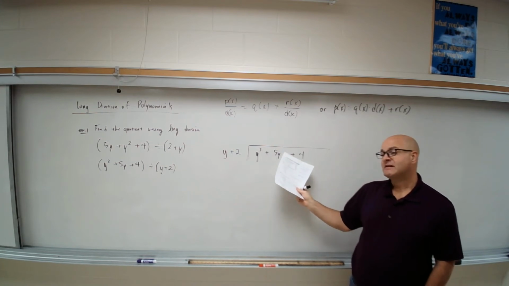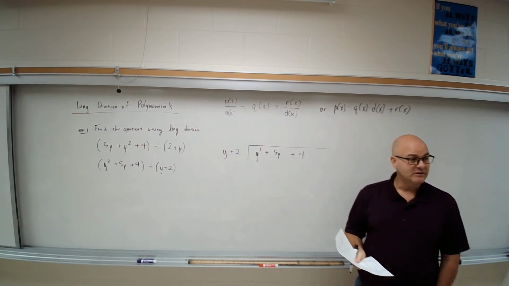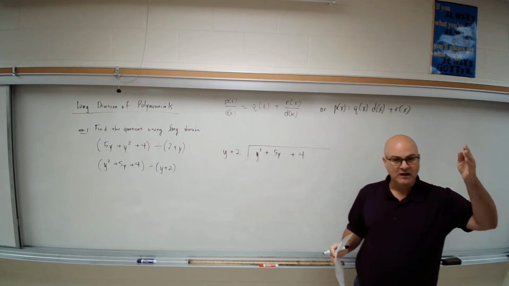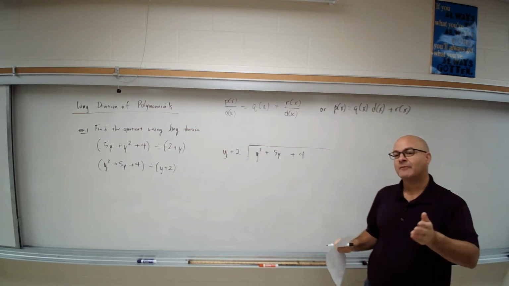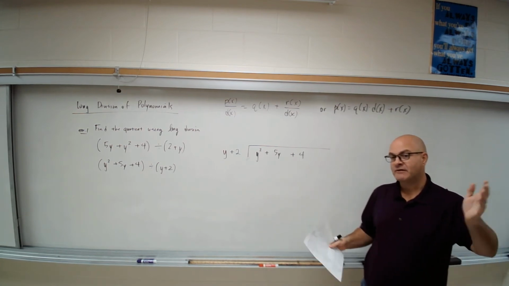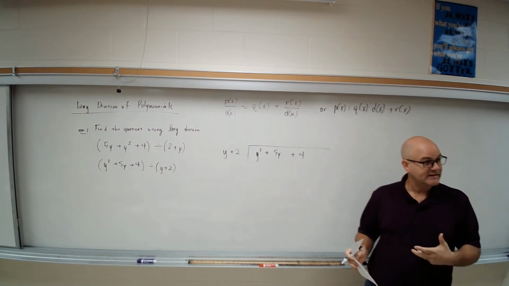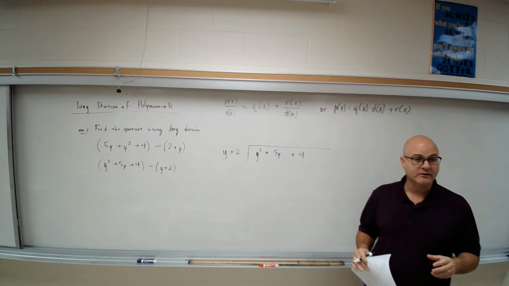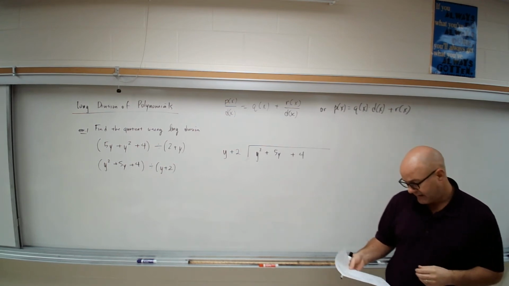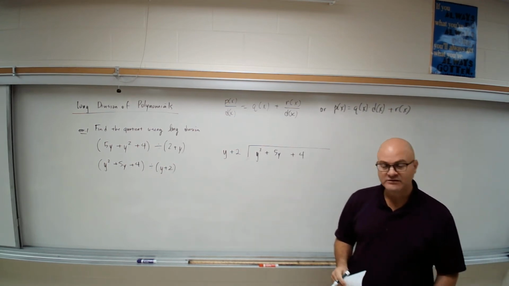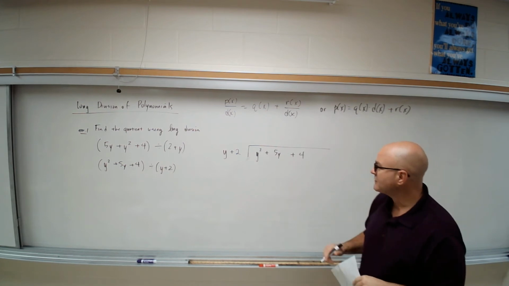Even if you're missing a y term, I would probably go ahead and put 0y in there. It's really going to help with your alignment, right? Just like if you had the number 103, you put a 0 in there for the tens place. If you have a power of y that is missing, you'd want to go ahead and put a 0y or 0y squared in there. I think we'll get to look at one in example 2, just to be careful about that.